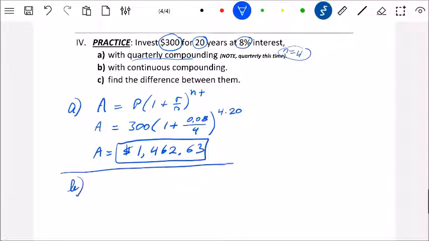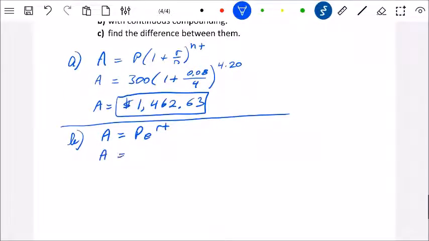Now for B, we're going to do the continuous compounding one, P-E-R-T. A is equal to 300 E to the 0.08 times 20, and that's approximately 1,485.91.